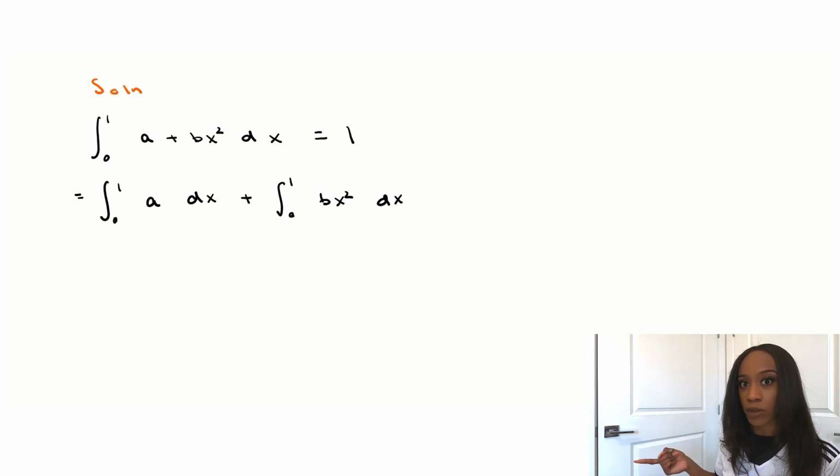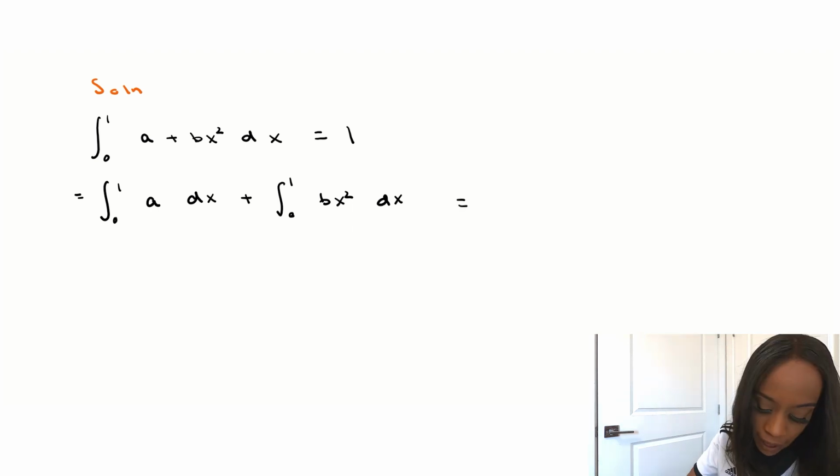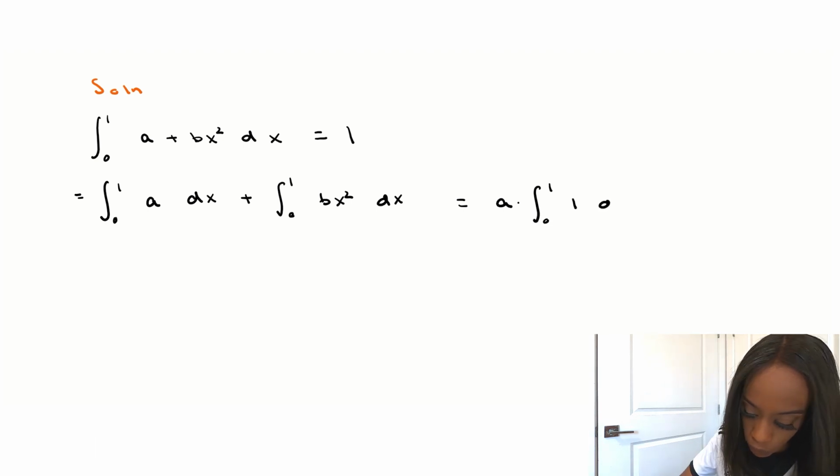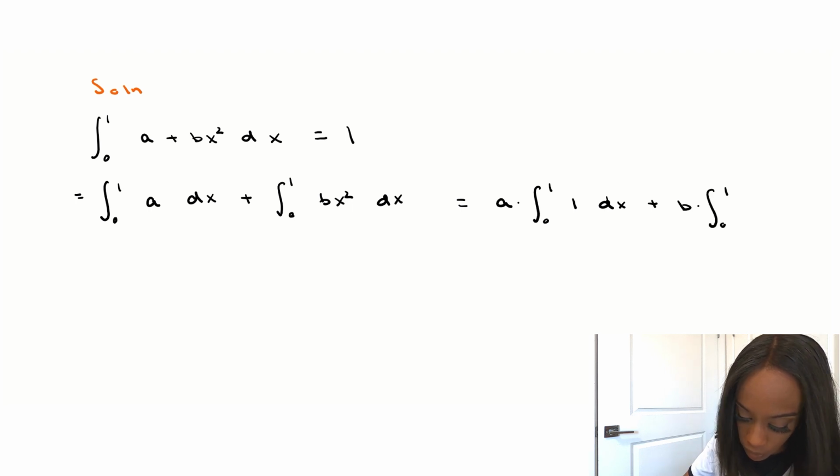So the next thing that I'll do is move the constants to the outside of their integrals. So we have a times the integral from 0 to 1 of 1 with respect to x plus b times the integral from 0 to 1 of x squared with respect to x.